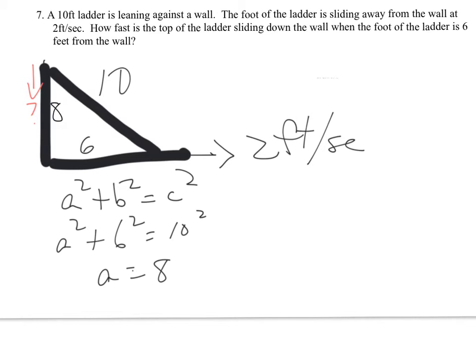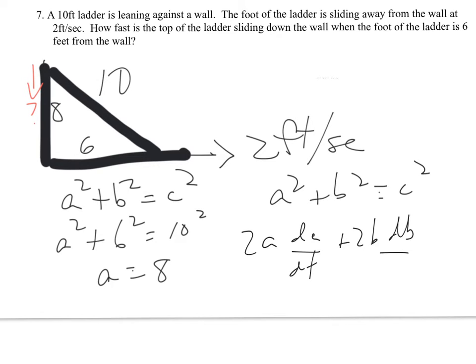And since we're using the Pythagorean theorem, we're going to take the Pythagorean theorem and differentiate it. Now, the thing that's not changing in the Pythagorean theorem is the c term. So we have 2a dA/dt plus 2b dB/dt.